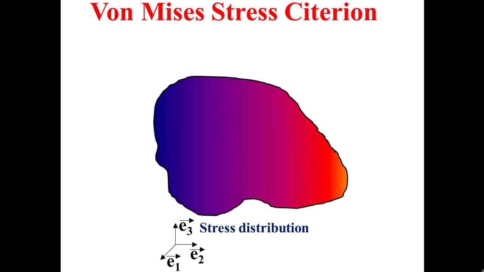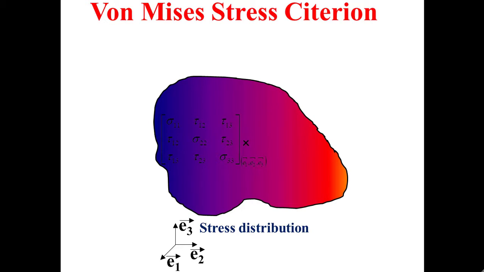Now I will talk about the von Mises stress criterion. In fact, when we have a stress distribution and we have a considered point in this body, the stress at this point will take a tensor format. A tensor in this case means a matrix format.